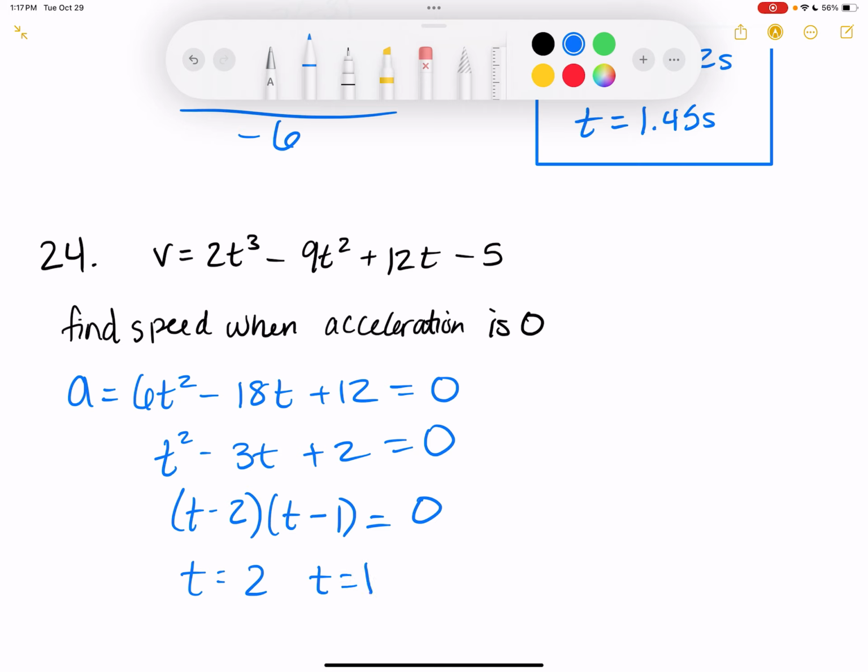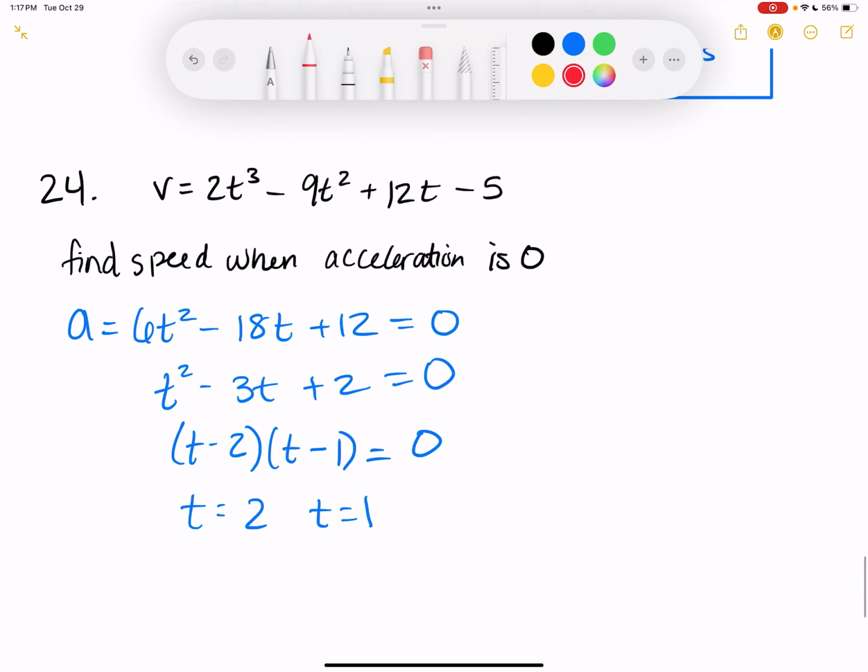Yep. So to find the speed when the acceleration is 0, I'm going to take that time and plug it into the velocity equation. So v of 1 is 2 times 1 cubed minus 9 times 1 squared plus 12 times 1 minus 5.